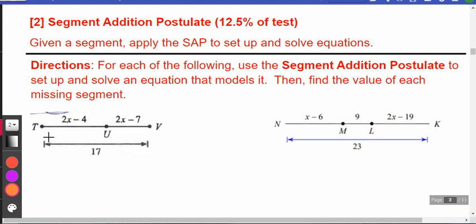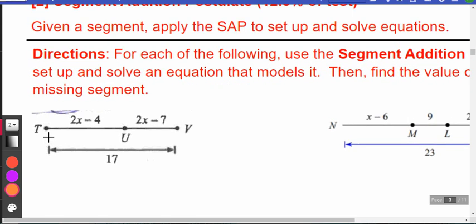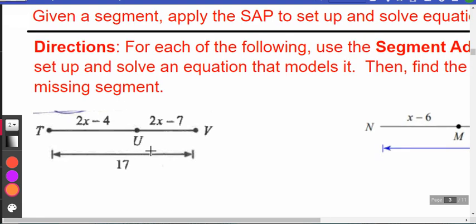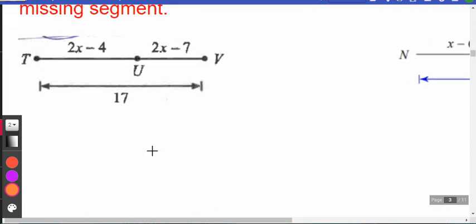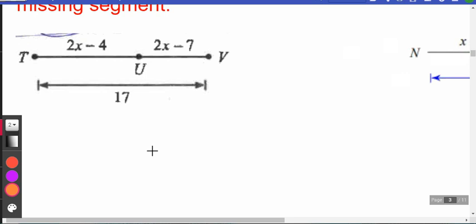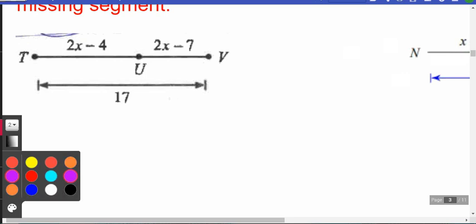All right, let's talk about this first problem. We have segment TV, and I'm going to highlight the different segments within it. We have TU plus UV, and that would equal the entire segment TV.